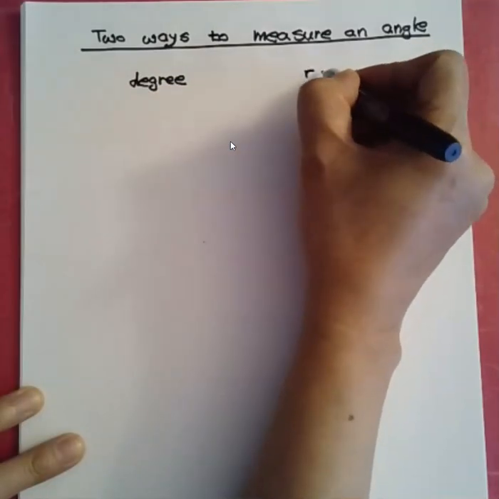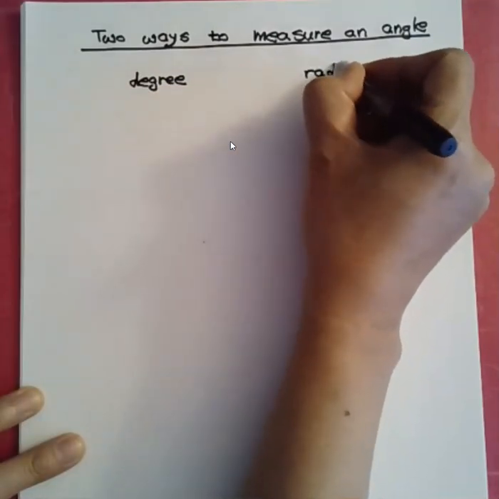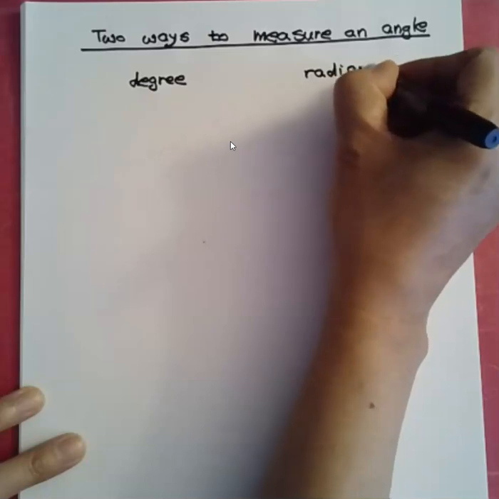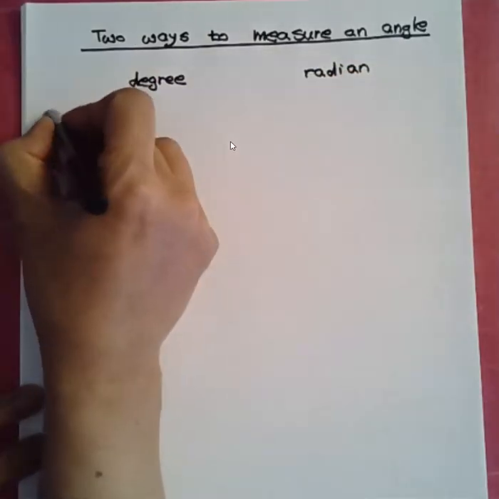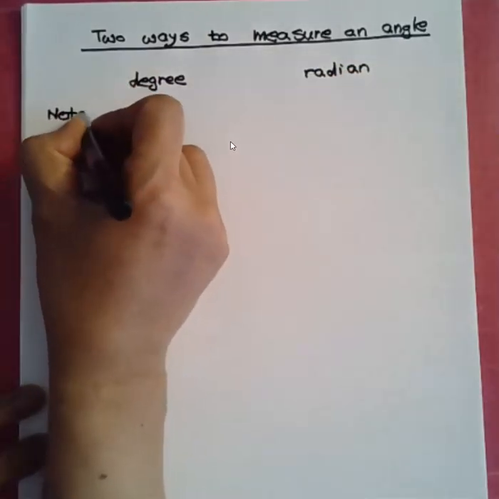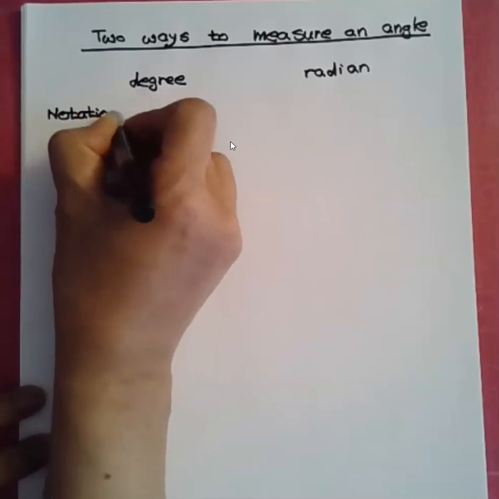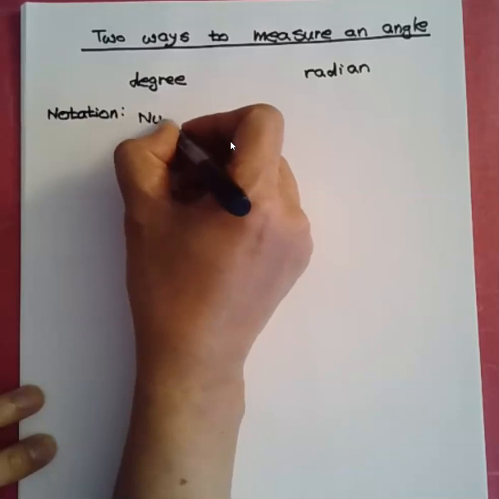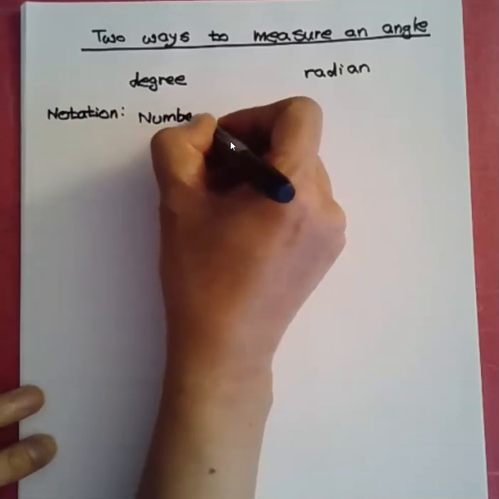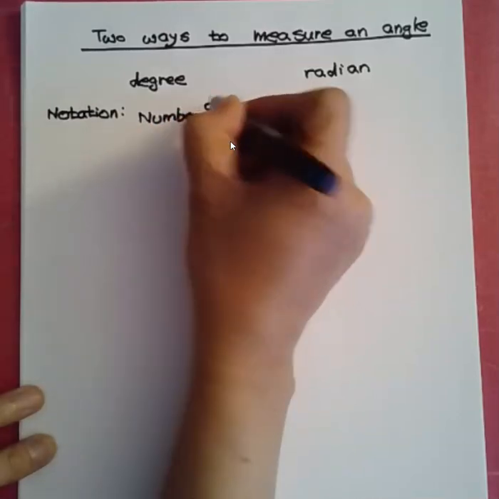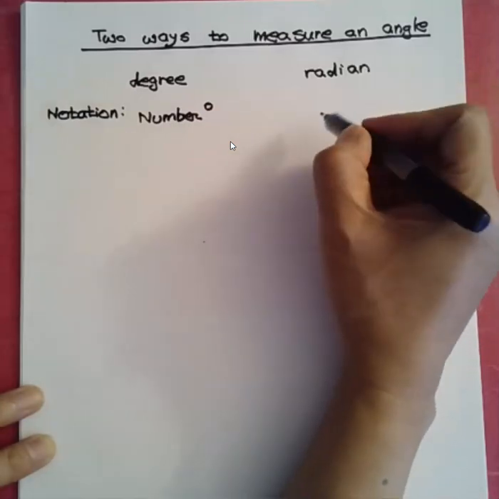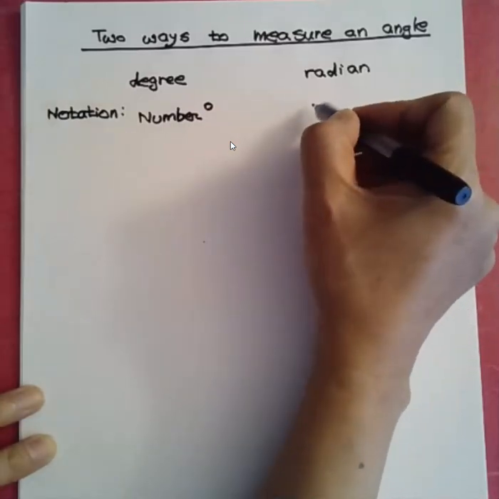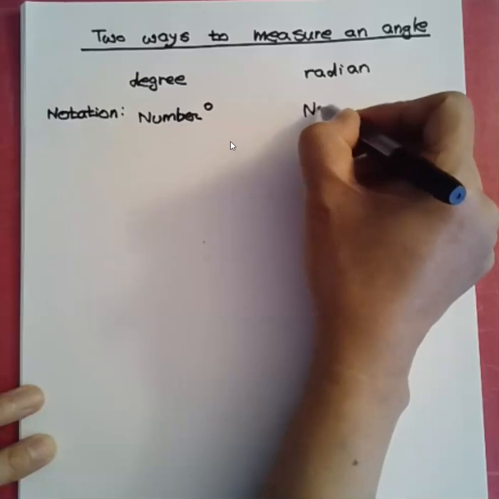The other is radian measure. When we denote a degree measure, we denote it as a number and a small circle on the top right corner. Radian measure is described with a number.